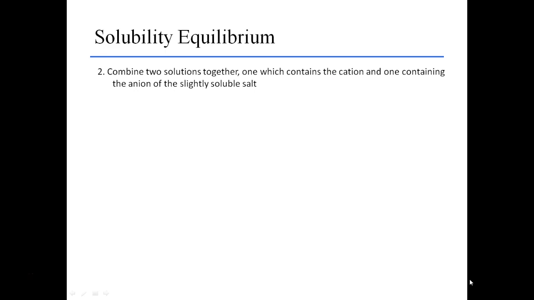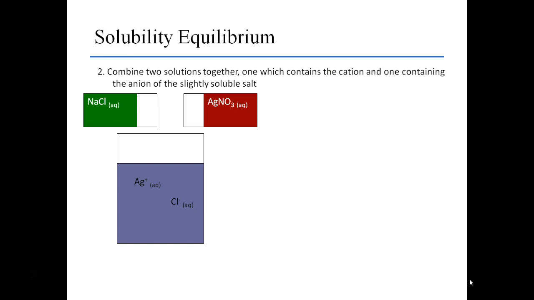The second way that I could establish this equilibrium is to combine two solutions, each of which contains one of the ions that results in the formation of my slightly soluble salt. For example, if I combined a solution of sodium chloride with a solution of silver nitrate, initially I'll start off with just silver ions and chloride ions.